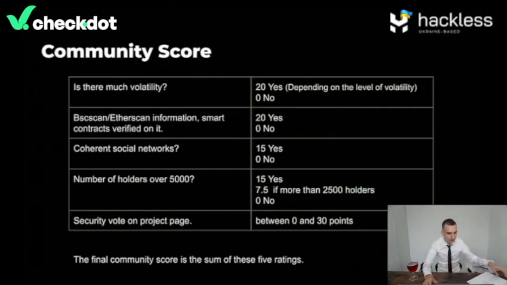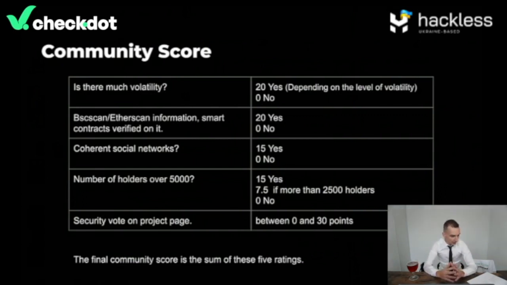We continue. Community score, decomposition. The community score is a score composed of several analyses related to the project community. Part of it varies according to the volatility of the project token price, from 0 to 20 points, depending on the 7-day and daily charts.